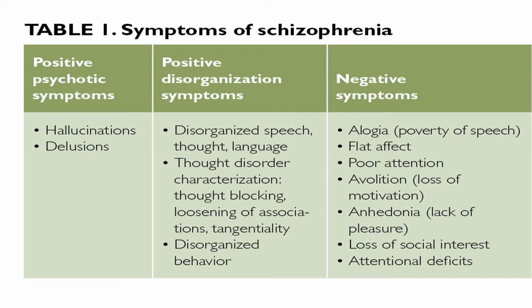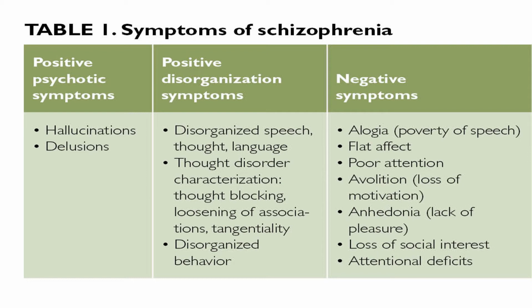Okay, negative symptoms are usually all the withdrawal that can occur in schizophrenia. So someone who has lack of speech, alogia, very flat affect. Their appearance is very flat and very non-expressive. Very low attention span.